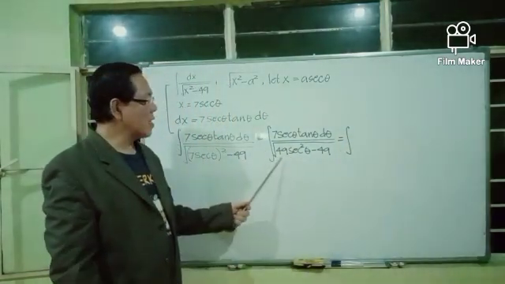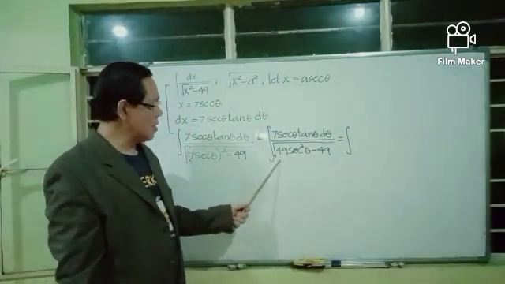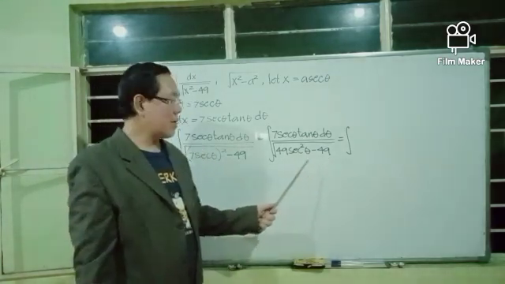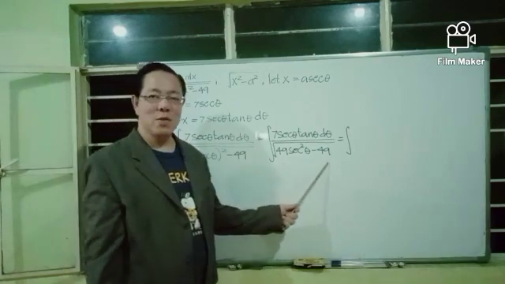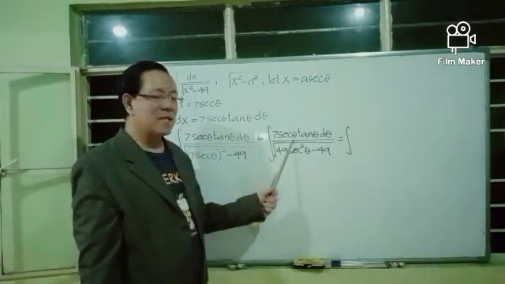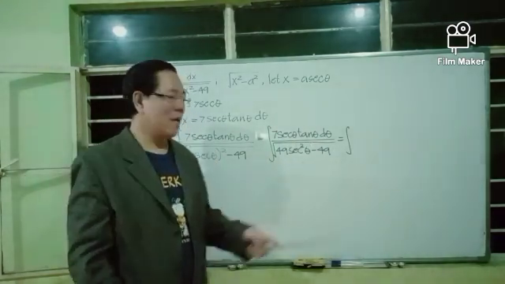And now we have a common factor 49 in the denominator. In the radical, we factor out 49. And this expression is equal to the integral of 7 secant theta tangent theta d theta.